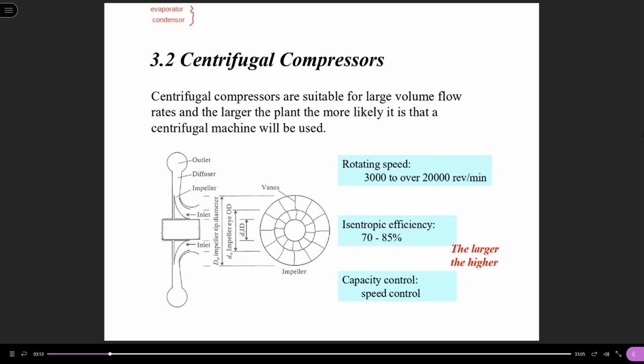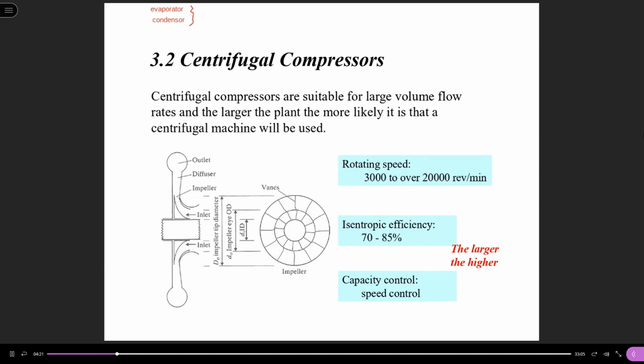Okay, one cycle. The working principle of the reciprocating compressor is based on reducing the volume. So for a closed system, if we reduce the volume, then we can increase the pressure. And then the other type is the centrifugal compressor.